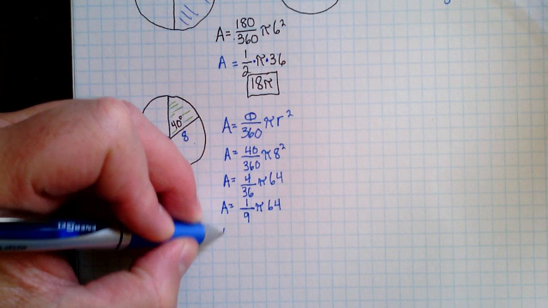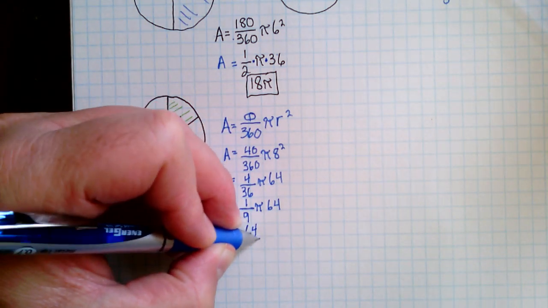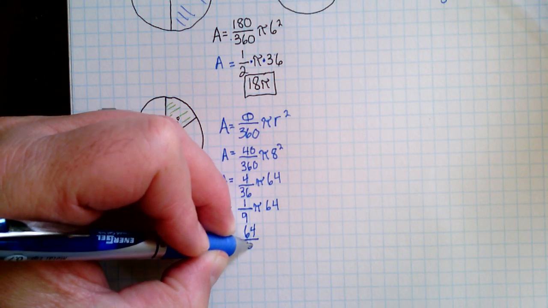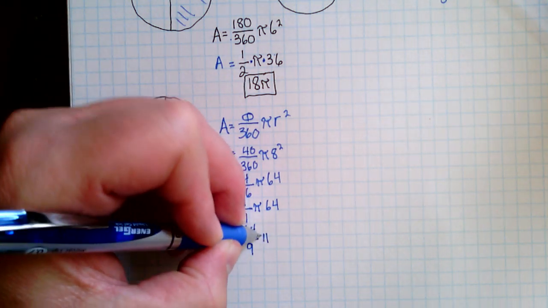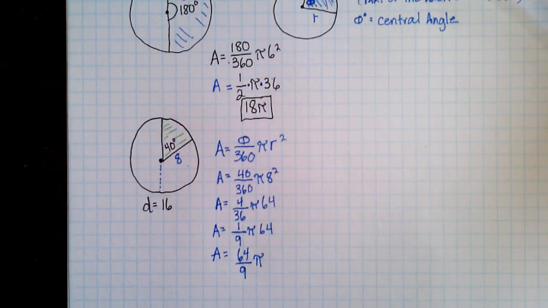So then I just rewrite 64 over 9 pi. And if I could reduce that fraction, I would. Area of a sector.